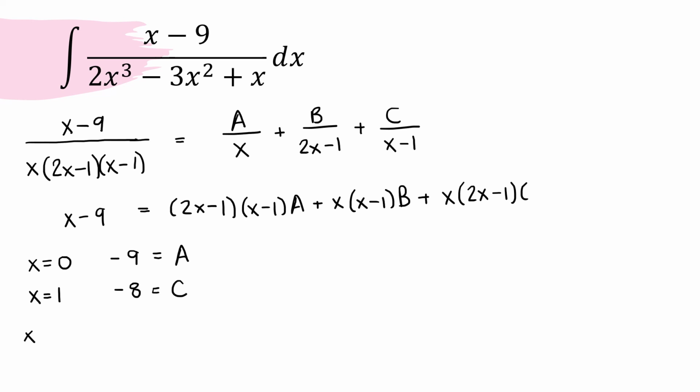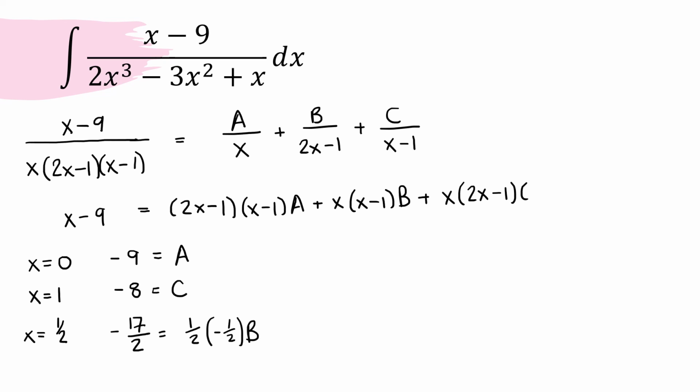Let's make x equal to 1/2, so we clear out anything with 2x minus 1. Okay, 1/2 minus 9, I think is minus 17 over 2 equals, and we're going to clear the a term, we're going to clear the c term, and I'm going to have to do a little more math here. 1/2 times negative 1/2 times b.